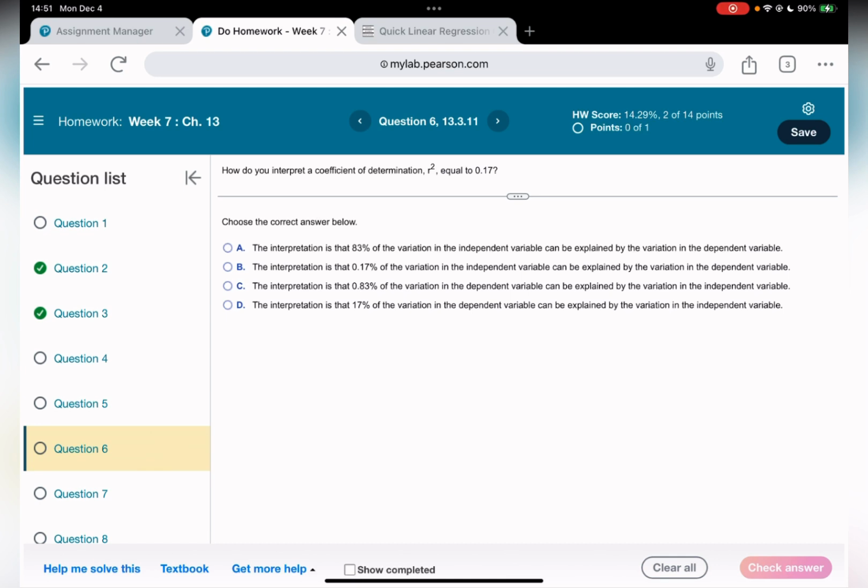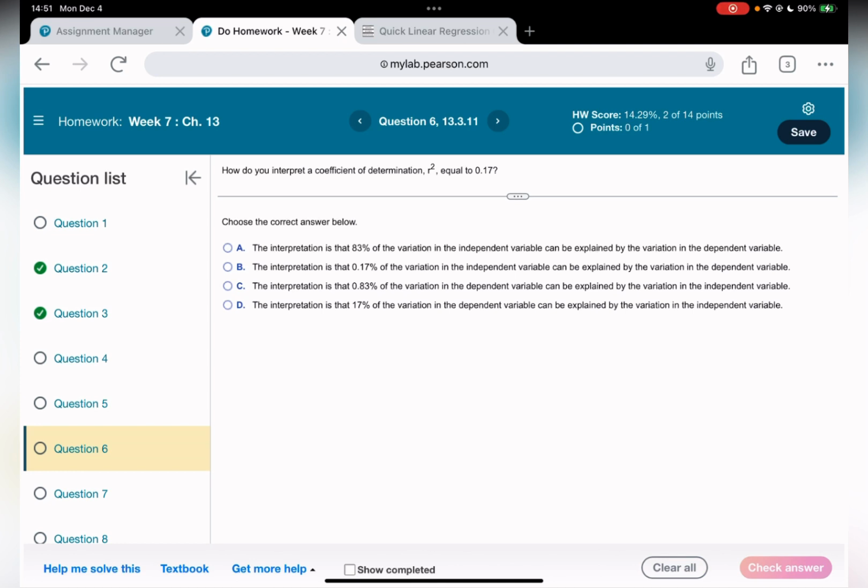The coefficient of determination is a measure used to analyze and figure out how well the model predicts the outcome. So how close to the truth is the prediction? That's what it is. The coefficient of determination, which we write as R squared, usually runs between 0 and 1, and it shows how well a statistical model predicts the outcome.